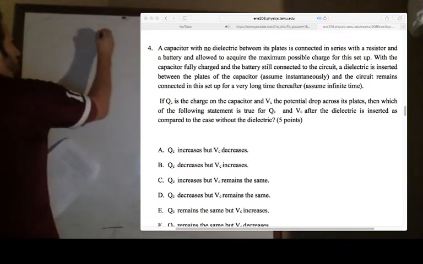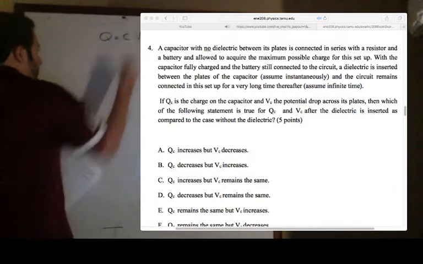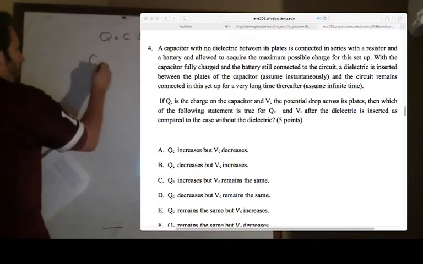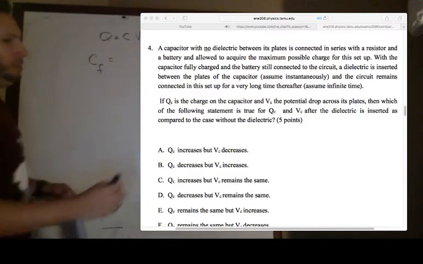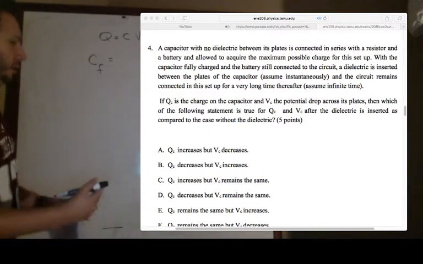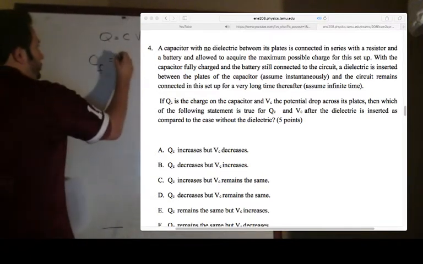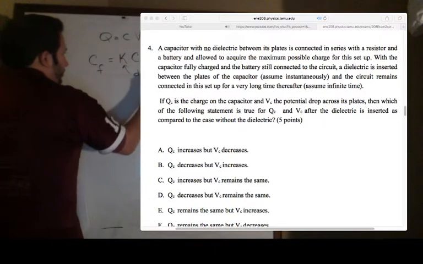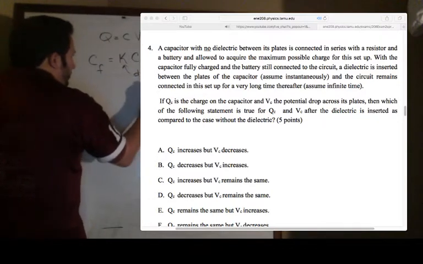Well, we know that the charge that a capacitor can hold is equal to C times V. And when you insert a dielectric, we'll call it CF, the capacitance after you insert the dielectric. This is going to equal K times C naught, and this K is your dielectric constant.